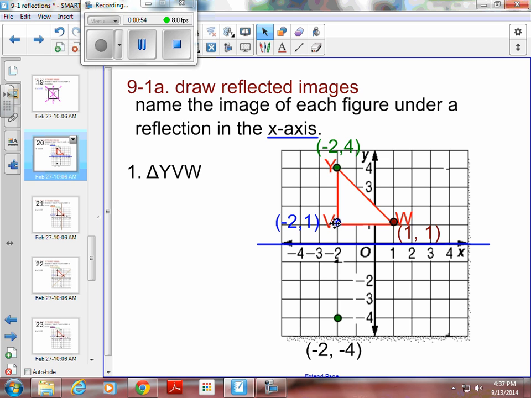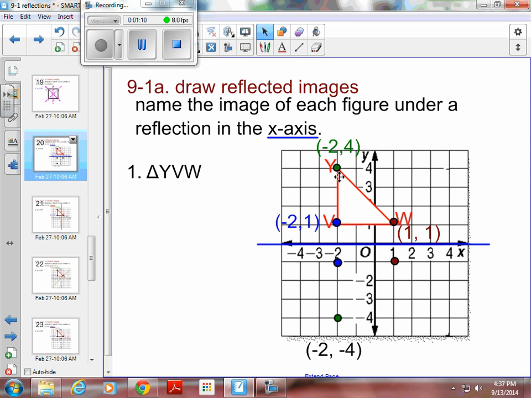And if I move this point V, it was at -2, 1, I go straight down. It would stay at -2 and it would go to -1. And likewise, if I move this point 1, 1, it would go straight down and it would go to 1, -1.